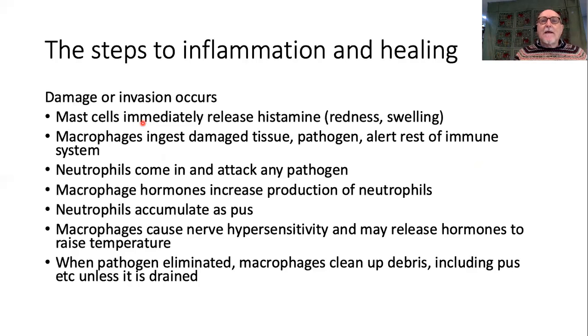At first, they come in very vigorous. They rush around and eat up bacteria as fast as they possibly can. Their metabolism is so high but they actually burn themselves out after a while. They only last a couple of days and then they die. And they begin to accumulate as pus in the area.